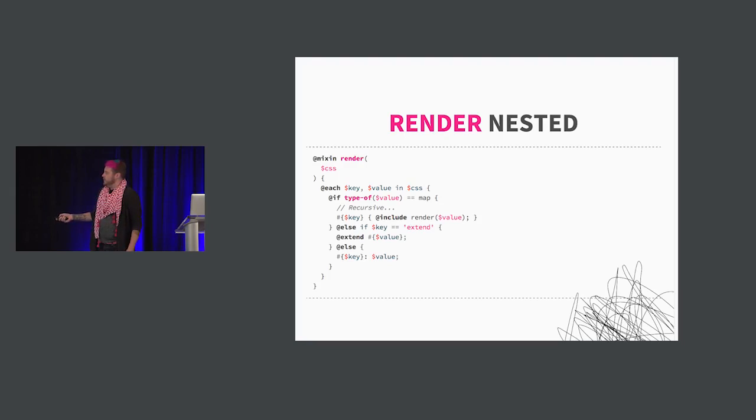If it's not, we check. We wanted a way to do extends in this, so we check for this special cased property, extend, and if it is an extend, we use extend instead of doing the property value pair. There we go. The only thing we can't do this for is mix-ins, because you can't call an unknown name mix-in on the fly. But we can do it with extends. We can do it with selectors.